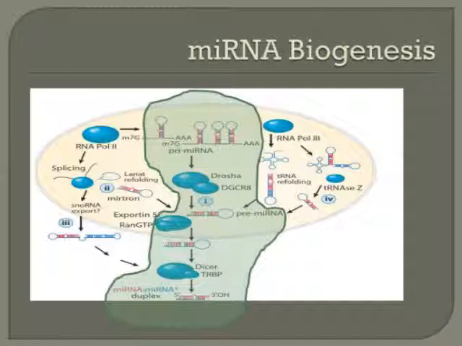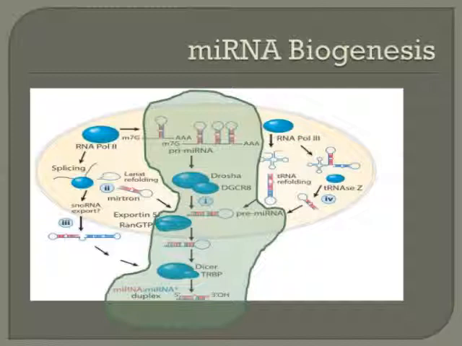Initially, the microRNAs are several hundred base pairs long and can contain one or more hairpin loops. Just like any mRNA, these microRNAs are called primary microRNAs, and just like any mRNA, primary microRNAs have a 5' cap and a 3' polyadenylation site.